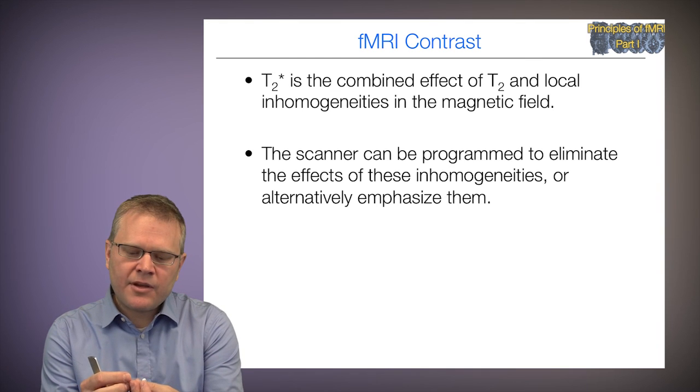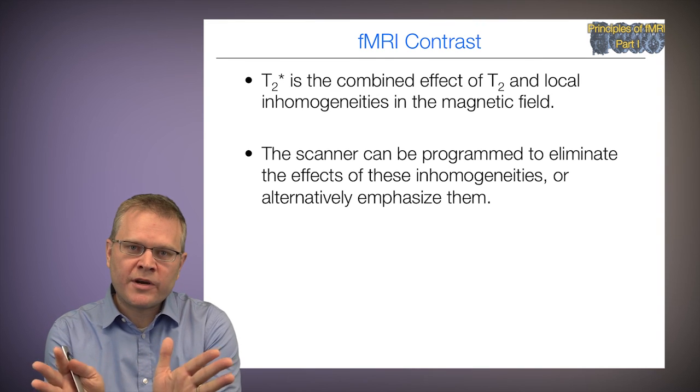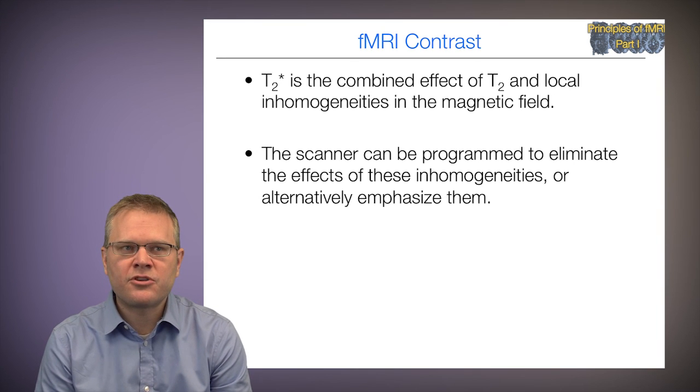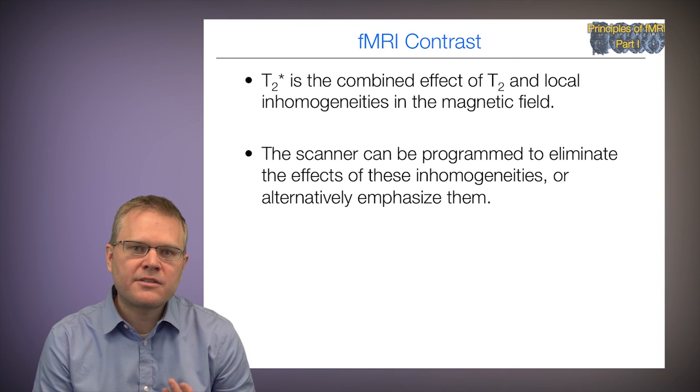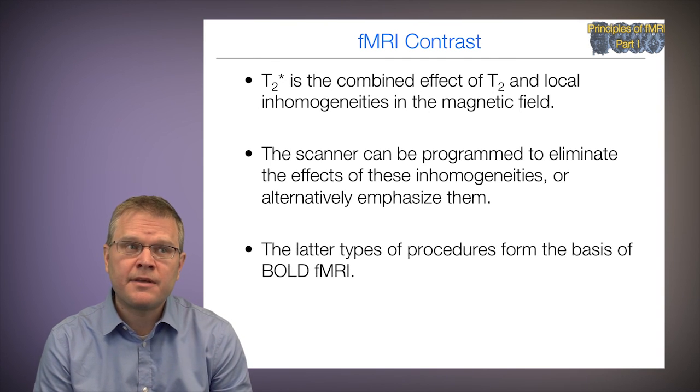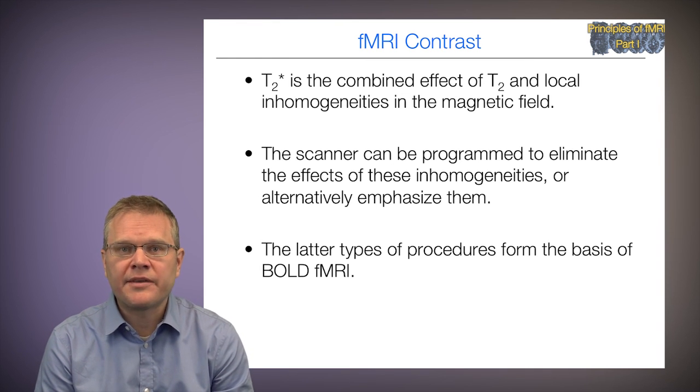However, it turns out that if you have certain particles nearby, this can cause this dephasing to go quicker. And this is something that is measured using T2 star. And so the MR scanner can be programmed to eliminate the effects of these inhomogeneities, or alternatively, it can emphasize them. And the latter procedure forms the basis of what we call BOLD fMRI, and this is going to become important for this class.